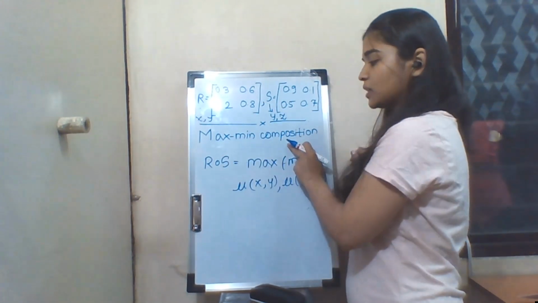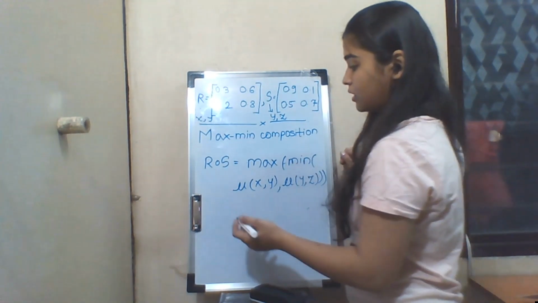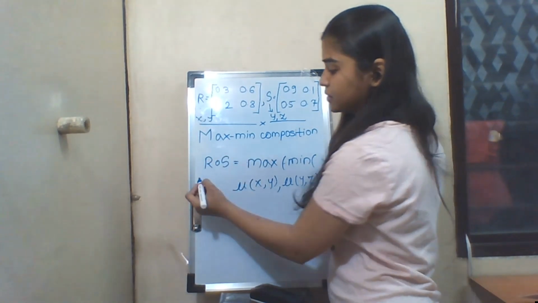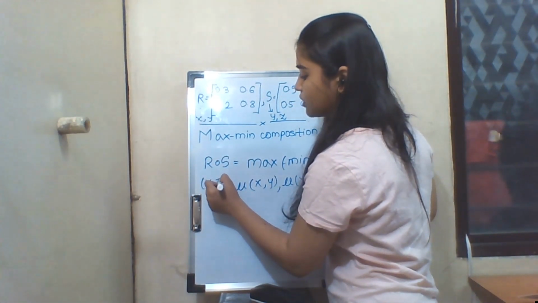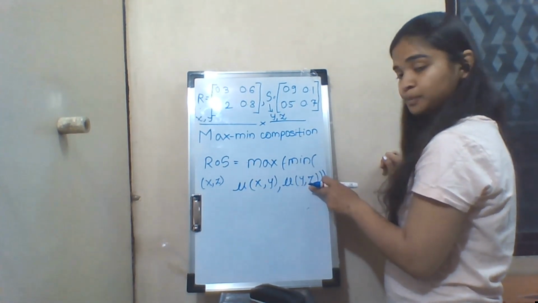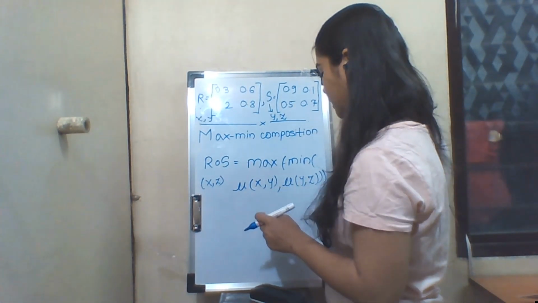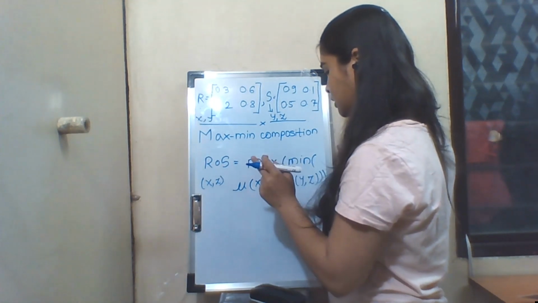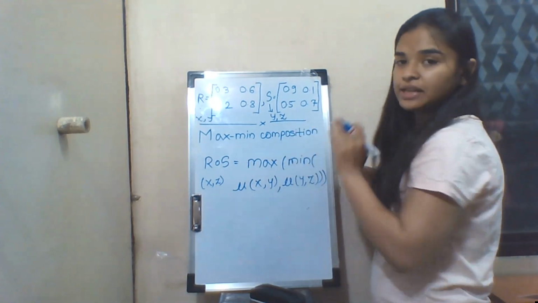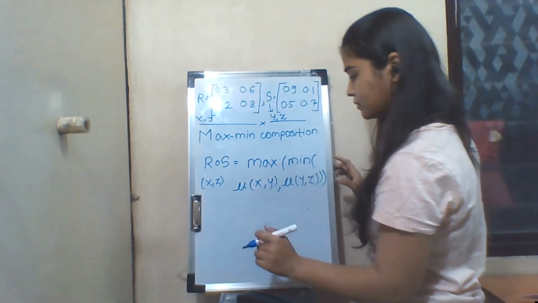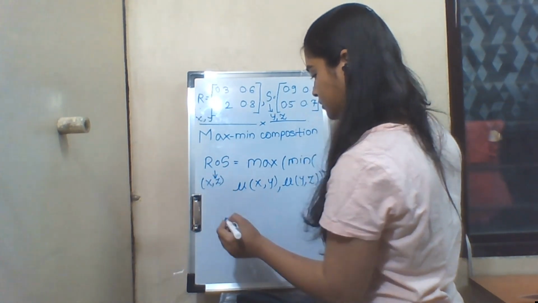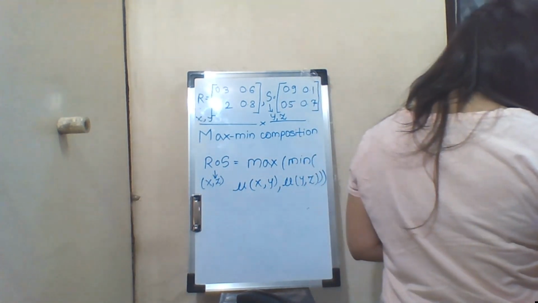The max-min composition that we get from R and S is on Cartesian space x comma z, which is why mu of x comma y and mu of y comma z, bracket close. This is the formula for max-min composition.